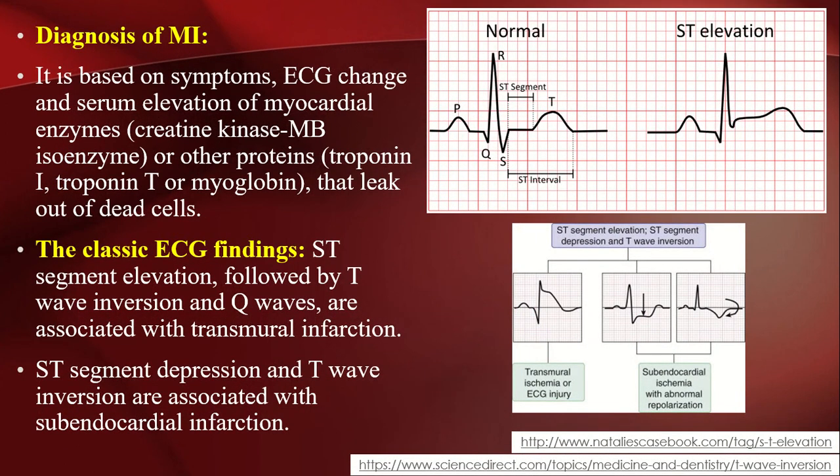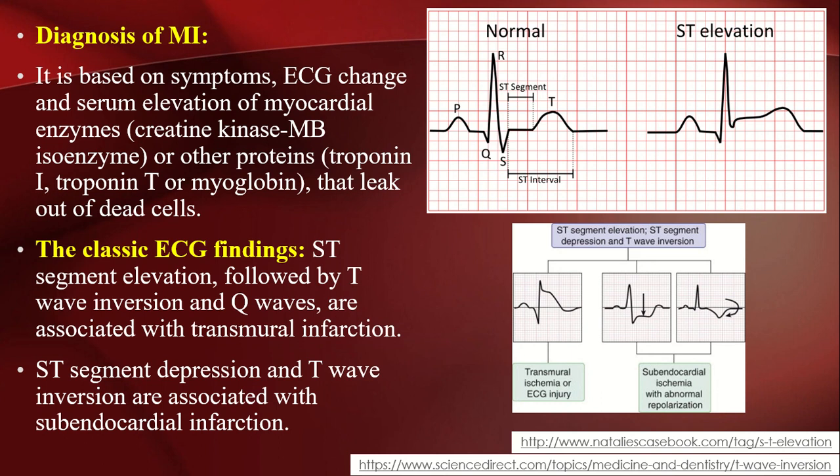The diagnosis of myocardial infarction is based on symptoms, electrocardiographic change, and serum elevation of myocardial enzymes, that is creatine kinase MB isoenzymes, or other proteins, that is troponin I, troponin T, or myoglobin that leak out of dead cells.